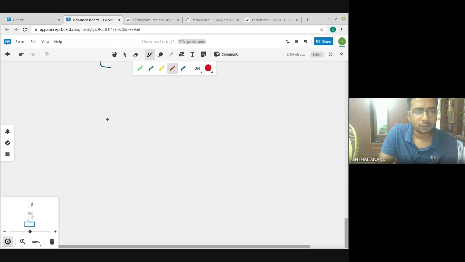Let me try to draw one structure of a covalently bonded molecule. It's a big molecule. It looks somewhat like this. Okay, how many bonds can a carbon form?